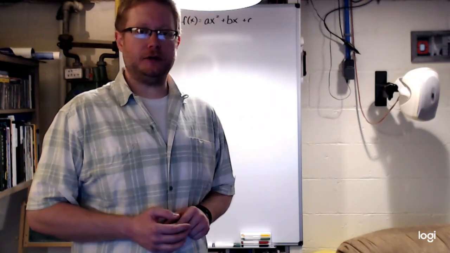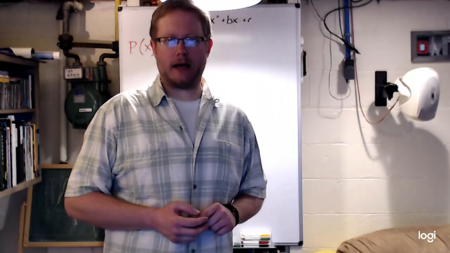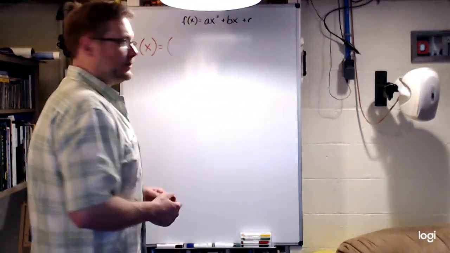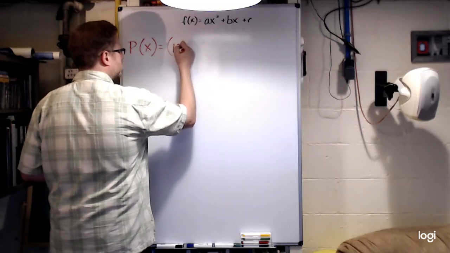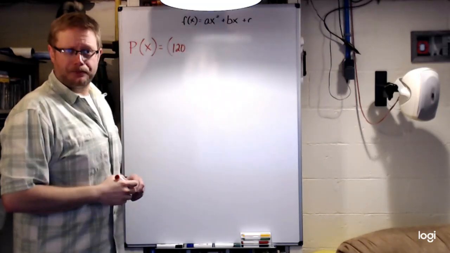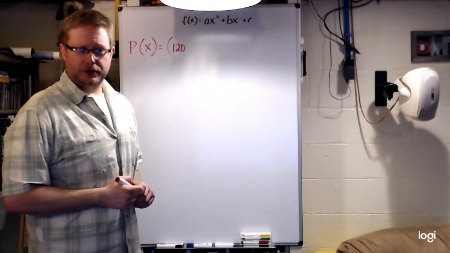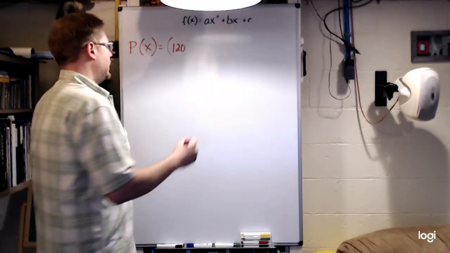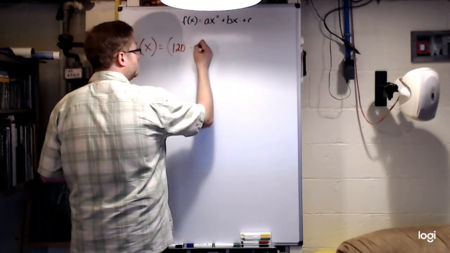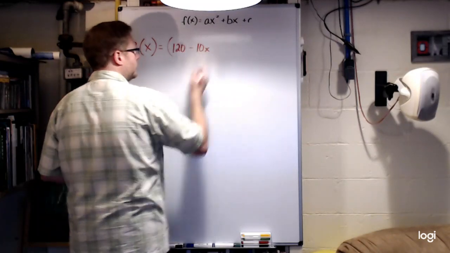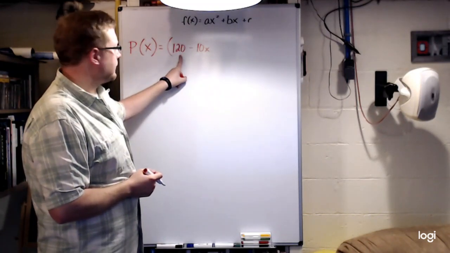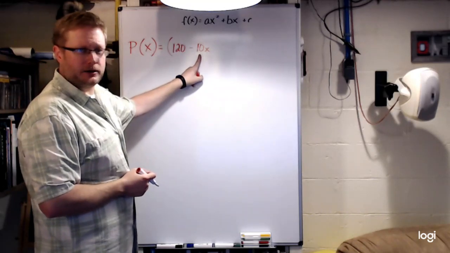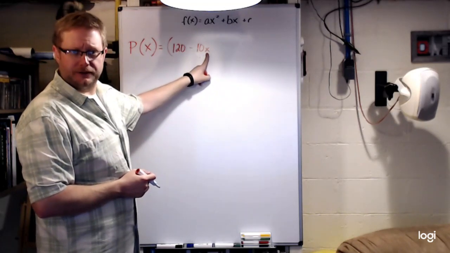Determine what the entry fee should be to maximize the value of the pool. So once again, he starts with 120 players. That's going to go there. Every time he increases it, he loses 10 players. So he's going to lose 10 players per increase. Starting with 120, losing 10 players every time there's an increase in a fee.